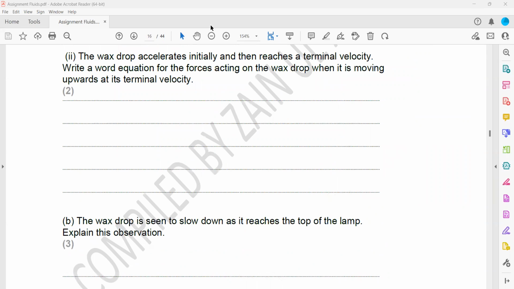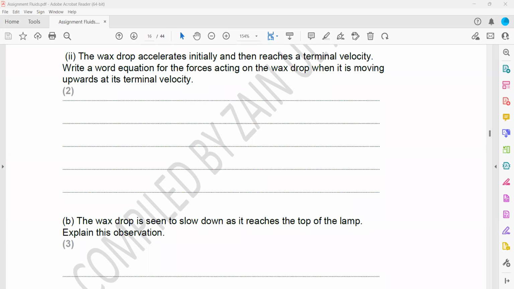Then the wax drop accelerates initially. The lamp is affecting the density of the fluid, but compared to the wax, it's not too much, not too much change in the density of the fluid.